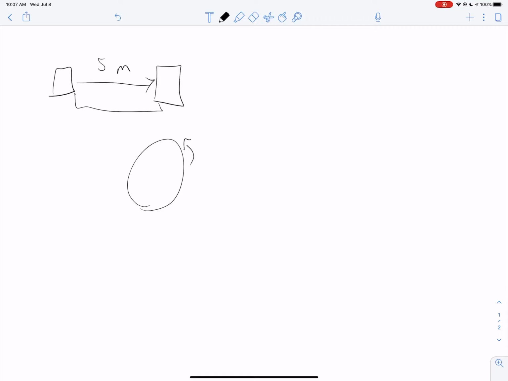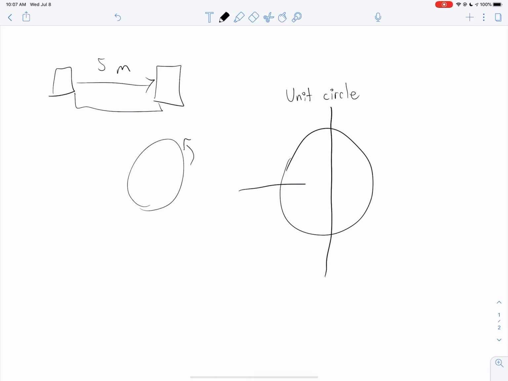Now, how are we going to do this? First, we're going to start off by introducing something that we call a radian. If you take a circle, let's call this the unit circle, and let's say we place it on an XY axis. The special thing about this circle is that the radius r of this circle is also going to be how we measure the distance.